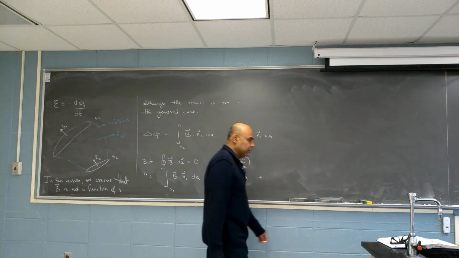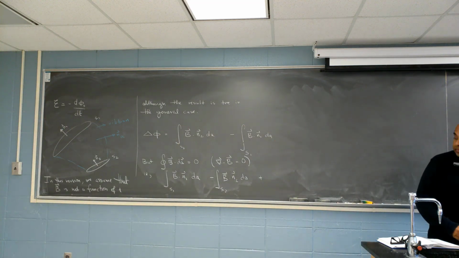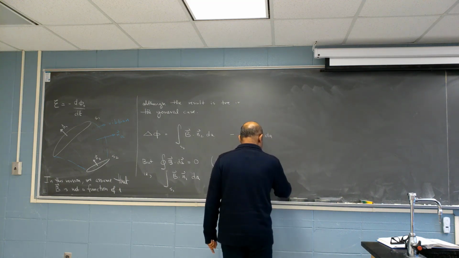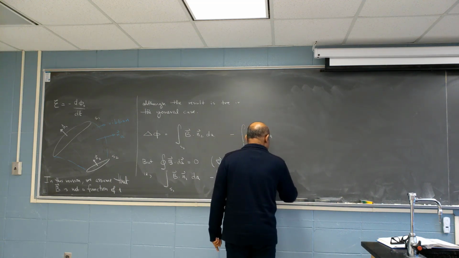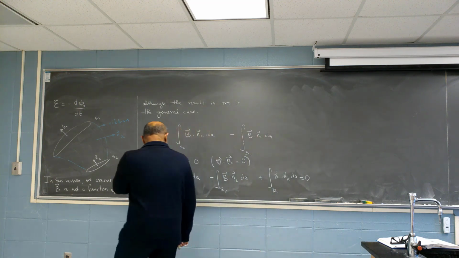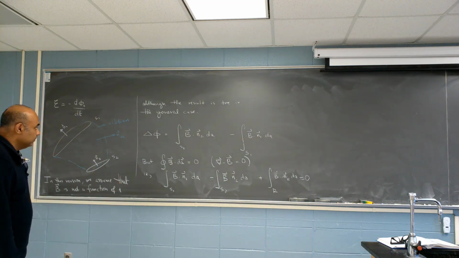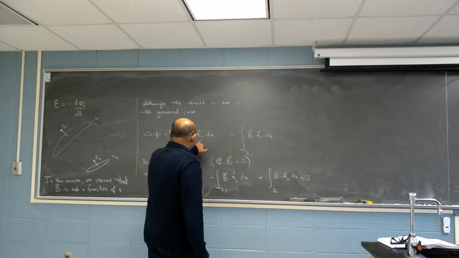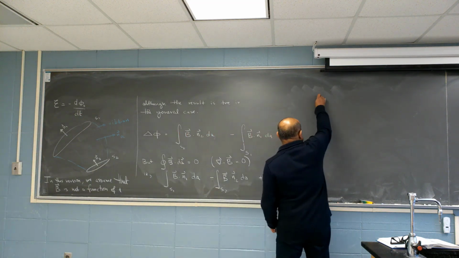And it's outward pointing, plus B dot NR dA along the ribbon should be equal to 0. This is negative of that.